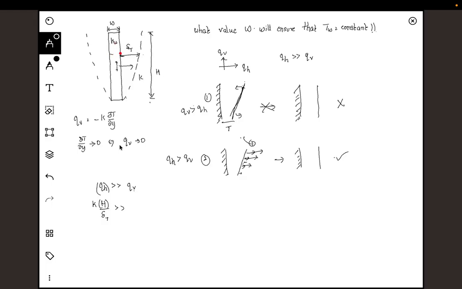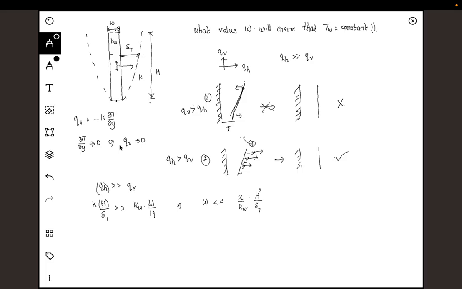The effective area through which the heat is being transferred is K wall times W, divided by the total thickness across which this heat is getting transferred, from here to here, that is H. So what this means is W is very much less than K by W times H squared by delta T.